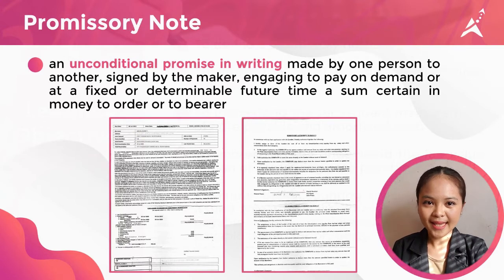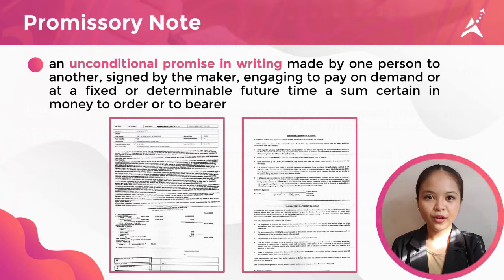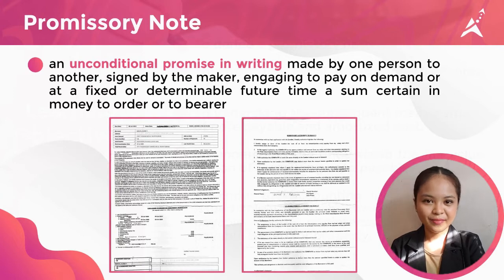As its name implies, it is an unconditional promise in writing made by one person to another, signed by the maker, engaging to pay on demand or at a fixed or determinable future time a sum certain in money to order or to bearer. So, for a document to be considered a promissory note, it must contain the signature of the one who made it, a fixed or determinable date or time, and the certain amount of money the maker will pay on the said date.